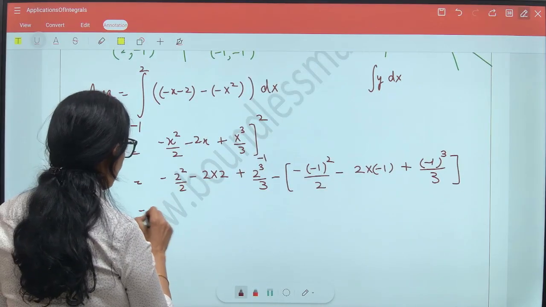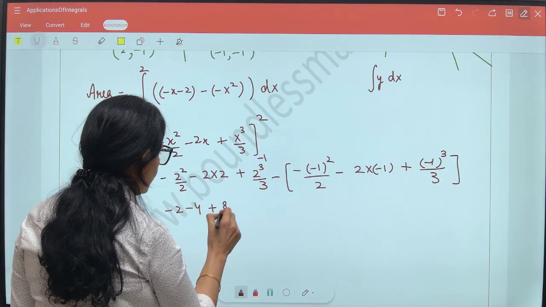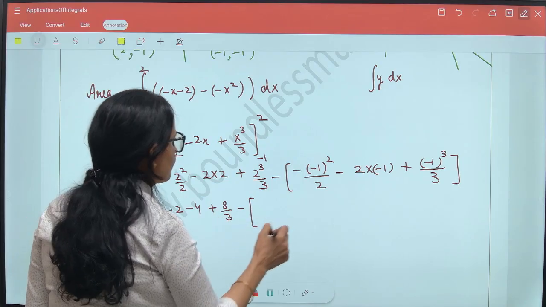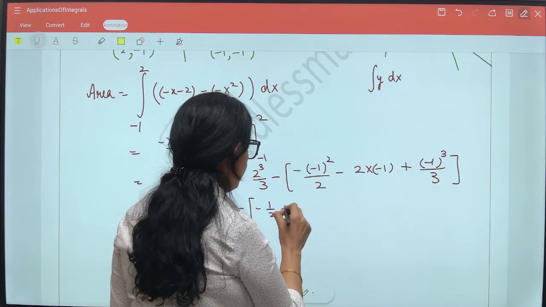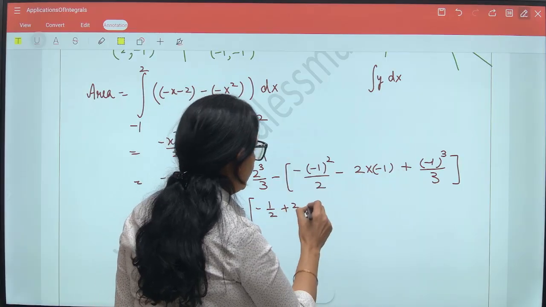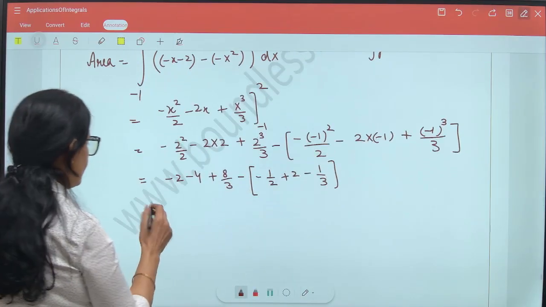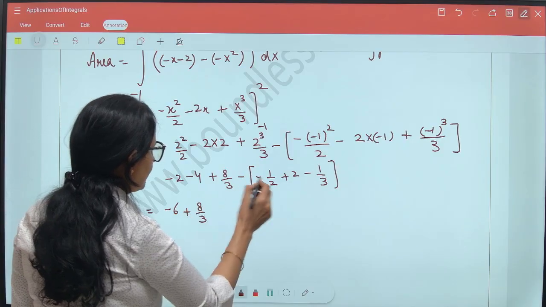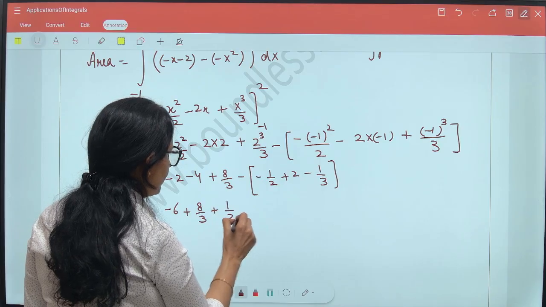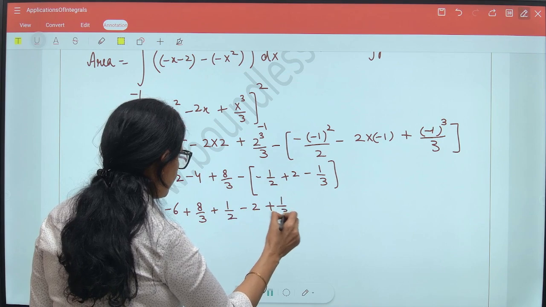So this becomes what? This is minus 2 minus 4 plus 8 by 3 minus, in the brackets you have minus 1 by 2 plus 2 and minus 1 by 3. So this is minus 6 plus 8 by 3, minus into minus plus 1 by 2, minus 2, minus into minus plus 1 by 3.